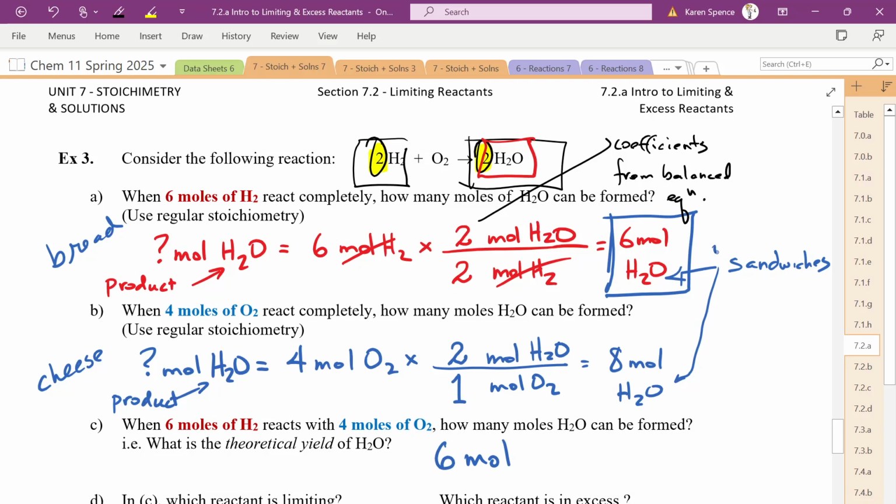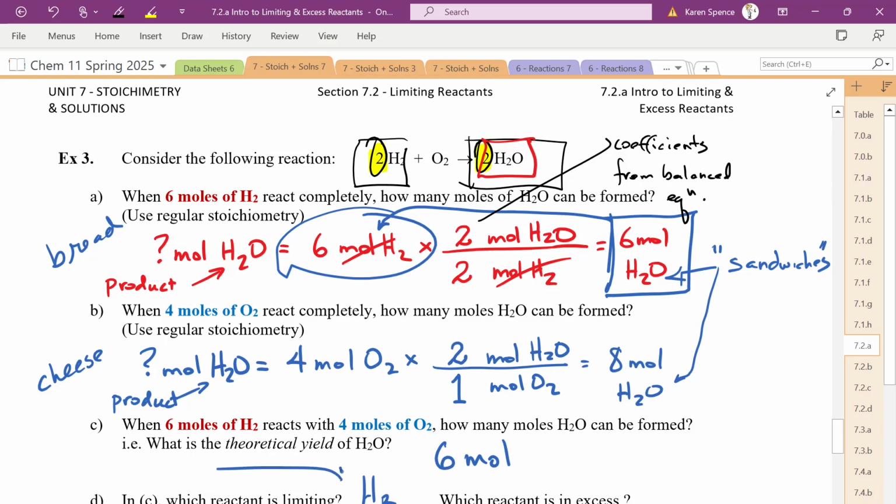All right. So we know we can only make 6 moles. So who is our limiting reactant then? H2. So you go back here and you say, who is the reactant that gave me that? That was my H2 that gave me my smaller amount of product.